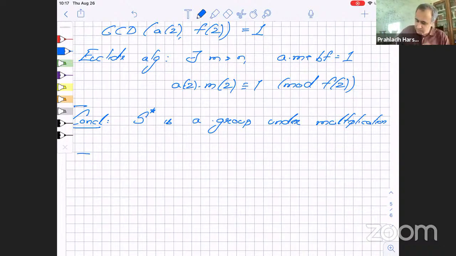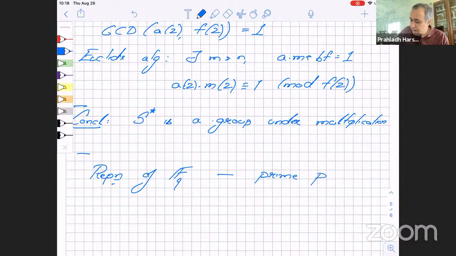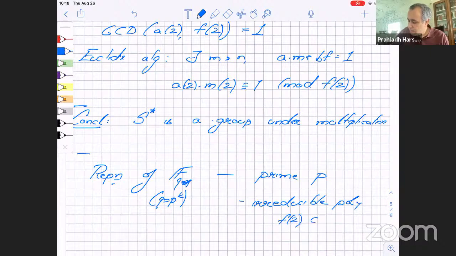So the representation of a finite field F_q, where q is p to the k, will be the prime p and the irreducible polynomial f(z) in F_p[z] of degree k.